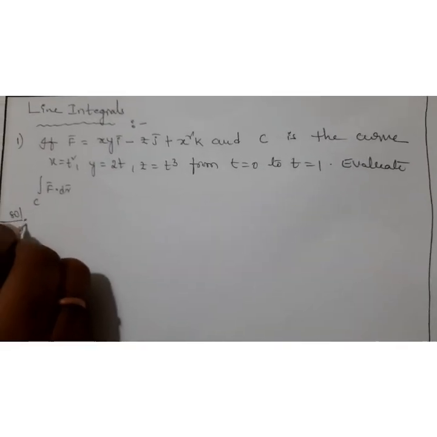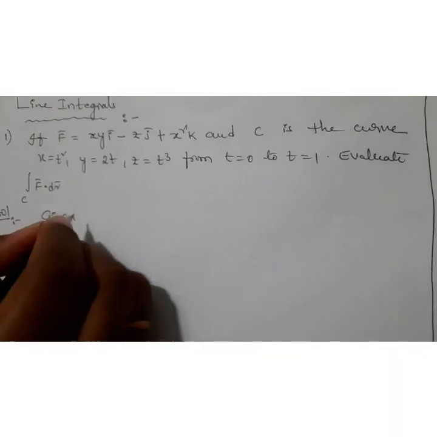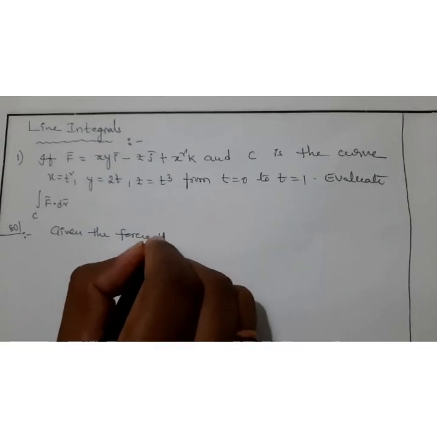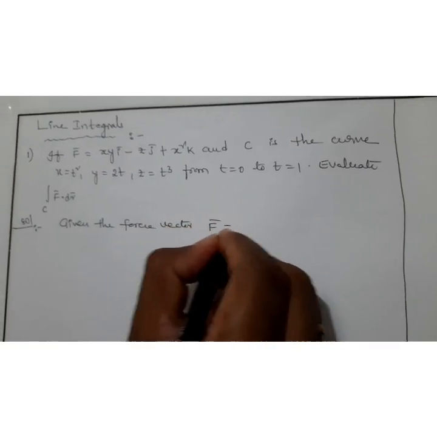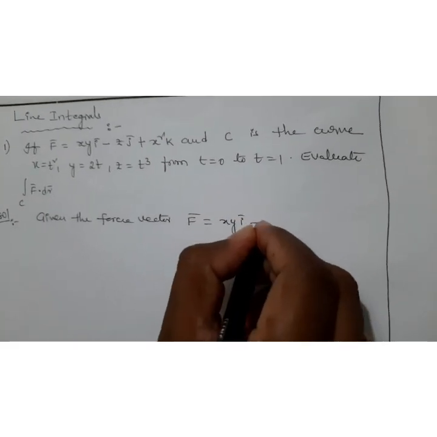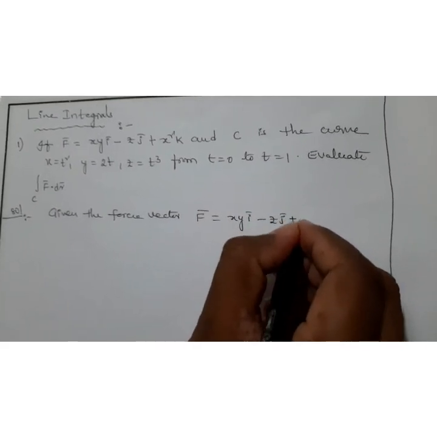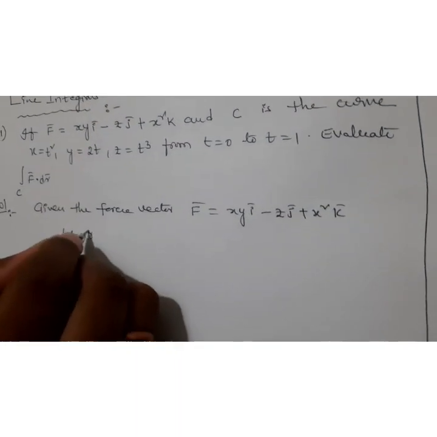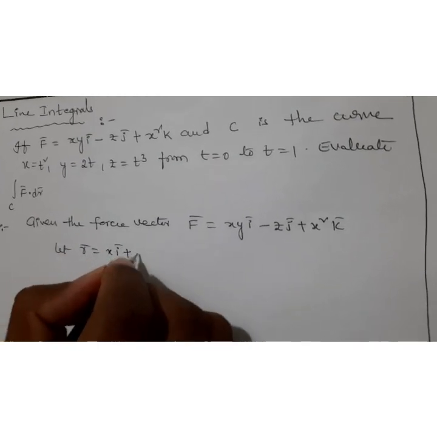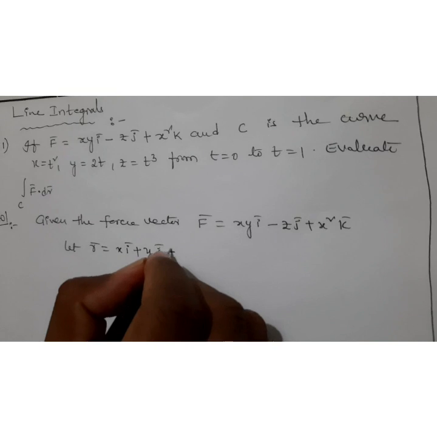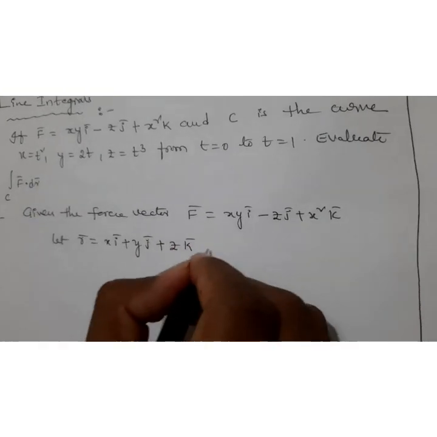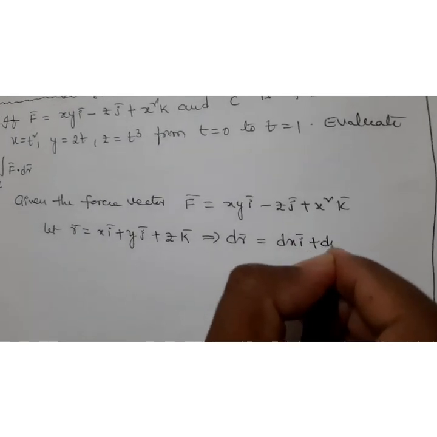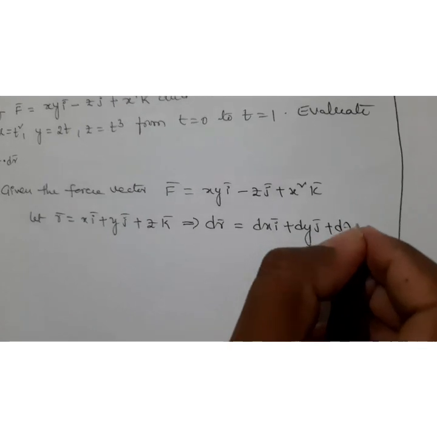Solution: given the force vector F bar is equal to xy i bar minus z j bar plus x square k bar. Let r bar is equal to x i bar plus y j bar plus z k bar. That implies dr bar is equal to dx i bar plus dy j bar plus dz k bar.